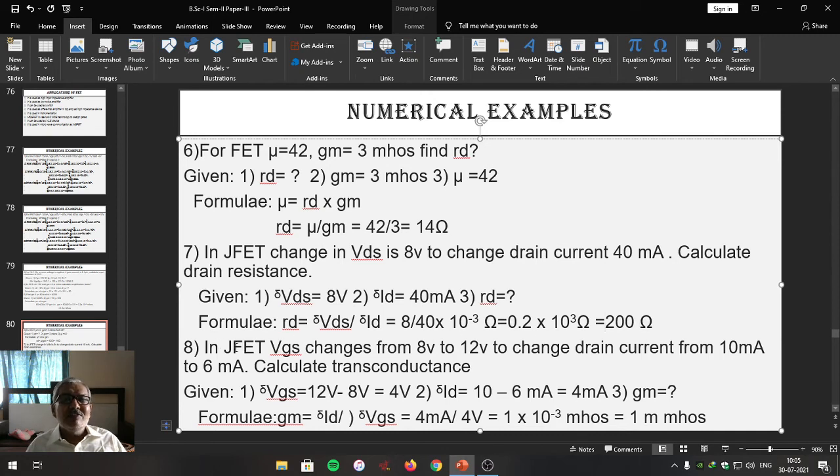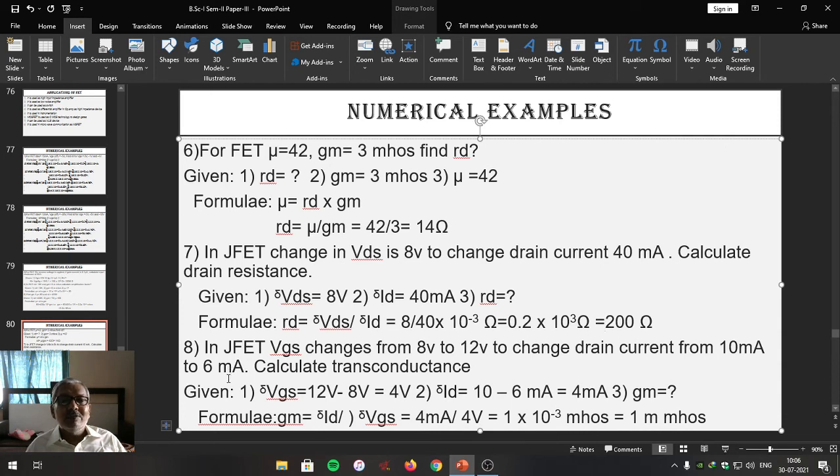Next one is, in a JFET, VGS changes from 8 volt to 12 volt, to change the drain current from 10 milliampere to 6 milliampere, calculate the transconductance. So change in VGS is given, that is from 8 volt to 12 volt, and change in drain current is given from 10 milliampere to 6 milliampere.